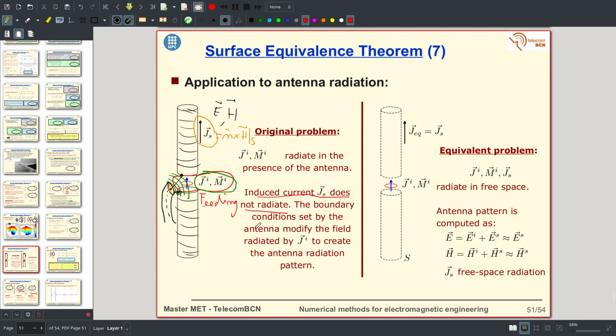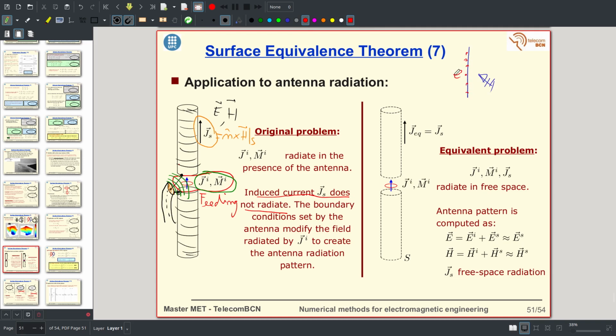Why? Because the induced current does not radiate in the original problem, I mean. For example, it is easy to understand. We have a perfectly conducting surface, okay? We have an incident field, okay? We have electrons.